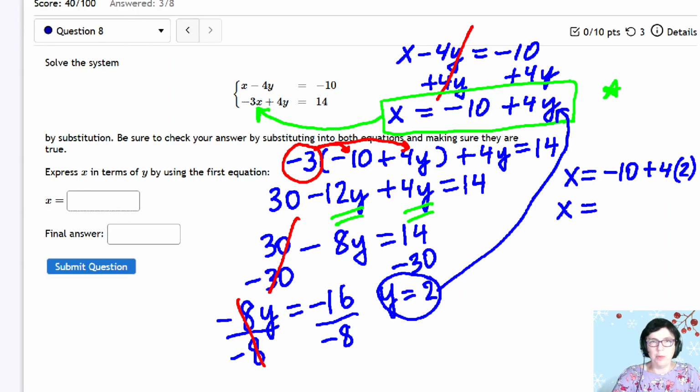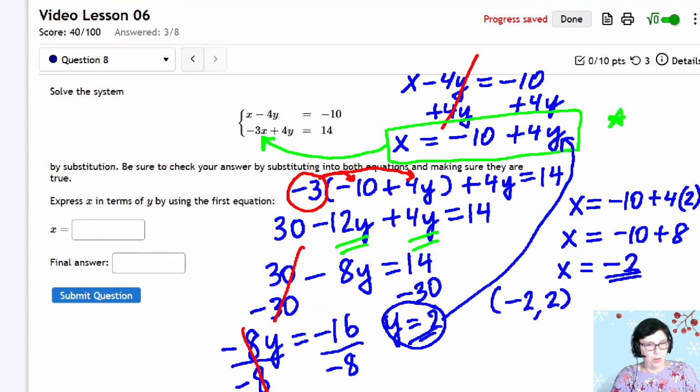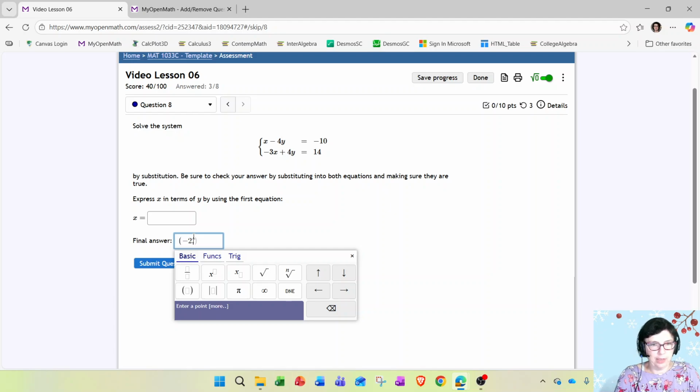Okay? Remember, multiplication always comes first. 4 times 2 is 8, and that'll give me negative 10 plus 8, which is negative 2. I think my solution is negative 2, 2. Remember to list x first, followed by y. Okay, I think that's the answer.